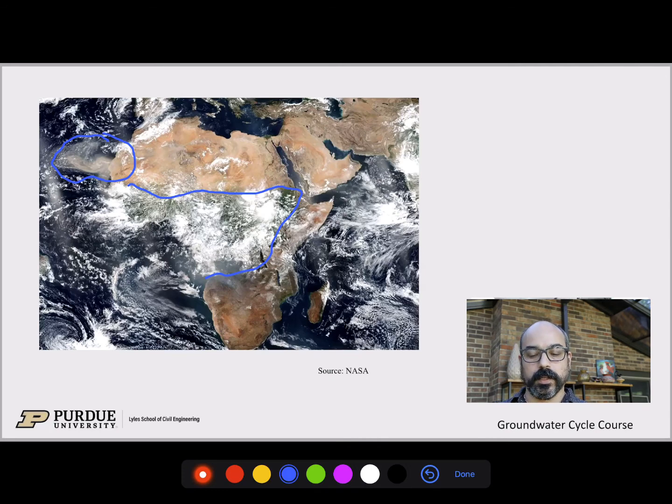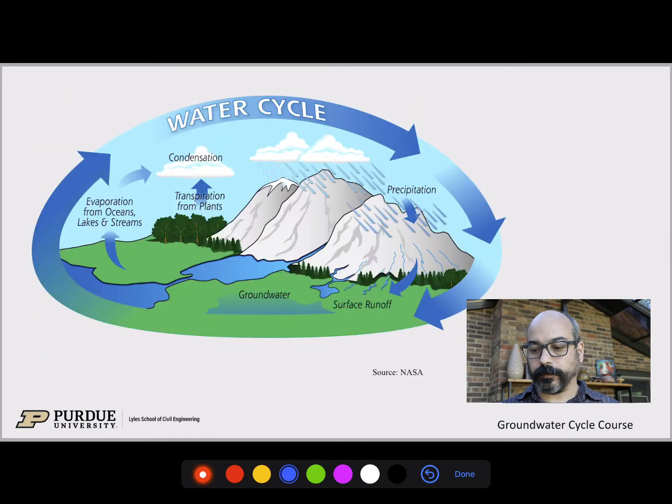So all those processes, right, the winds across the Atlantic are also what brings us the hurricanes during hurricane season down in the Gulf of Mexico or on the east coast of the United States. So all those phenomena are related. But here again, think of the vegetation and the cloud cover.